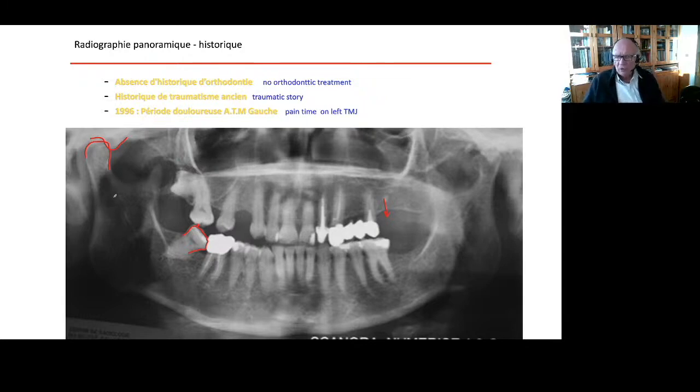Probably normal situation on the right side, and you can palpate the condyle with movement. I appreciate the capacity of translation. We have a flat condyle and probably a flat eminence. It is a painful area. It looks like a grade 4.